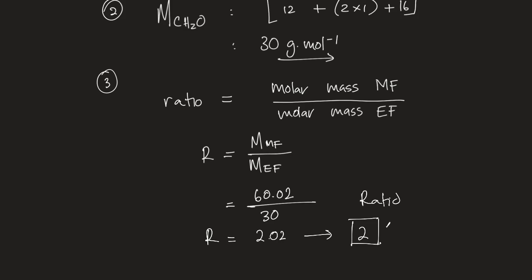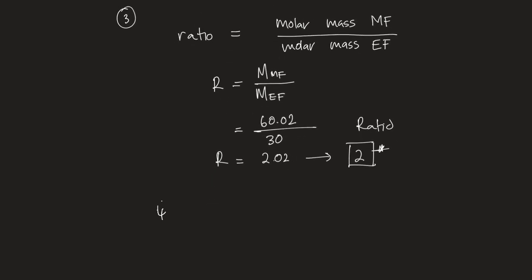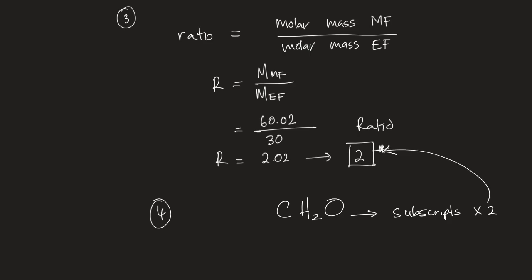So here is my ratio. Okay, once I've got my ratio, step 4: my empirical formula we found at CH2O. All the subscripts must be multiplied by 2, which is my ratio. Alright, so let's have a look here.